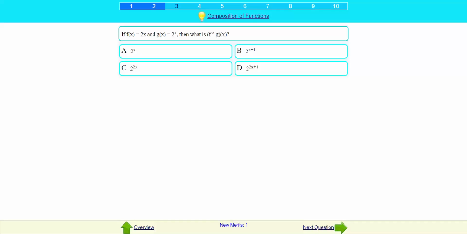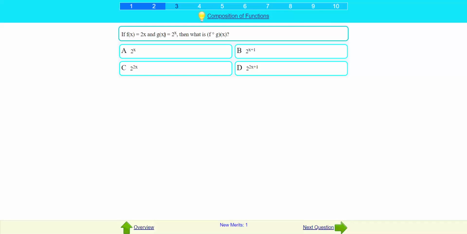And then you apply x to it. G of x applied to x is 2 to the power of x. It's tricky or what? So 2x, that's like 2x, right?